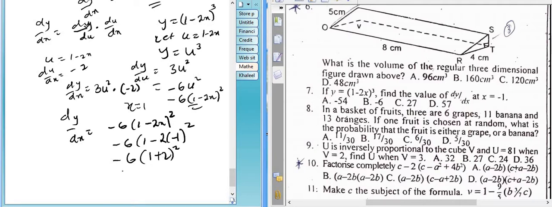Then we have 3 here, so -6 times 3 squared, and 3 squared is 9. So -6 times 9 gives us -54. So -54 is the correct answer, and option A is the correct answer.